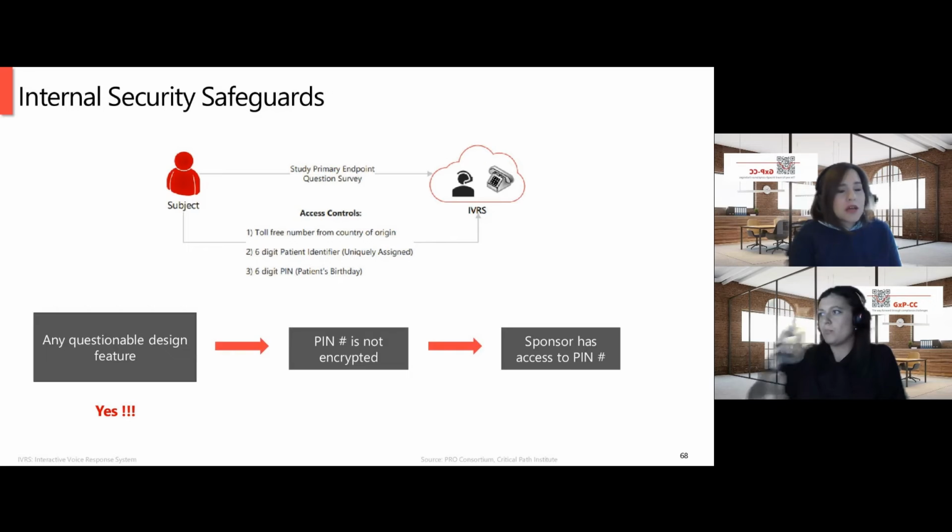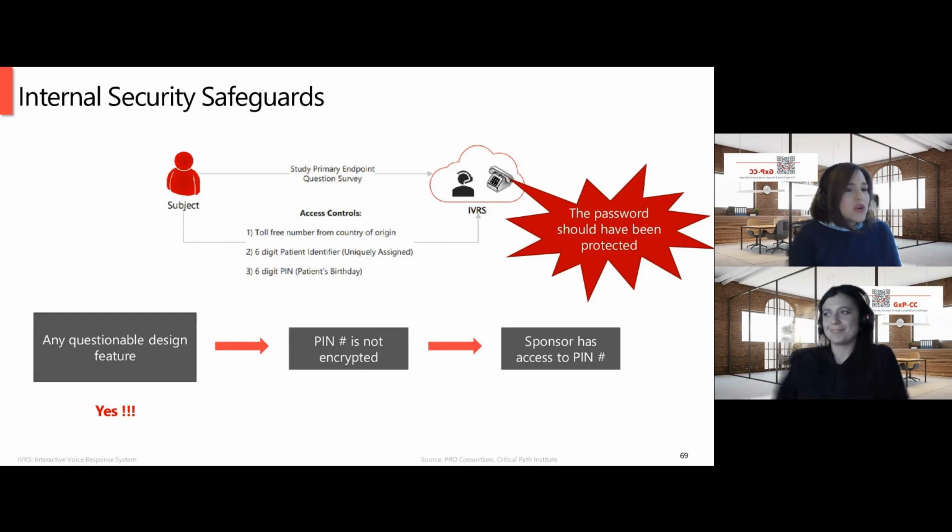So the name or something else will not be reported, but the birthday is there. So it can easily be used to identify who the patient was. So this is wrong because the password should have been protected.